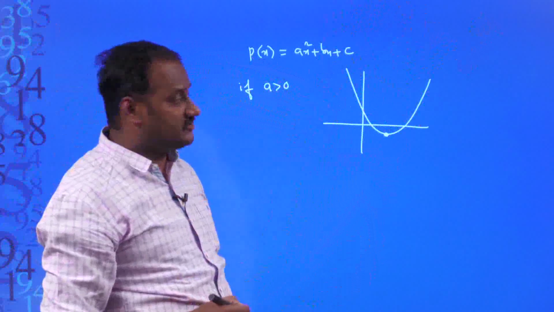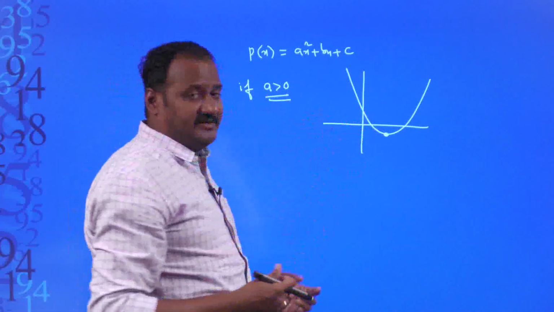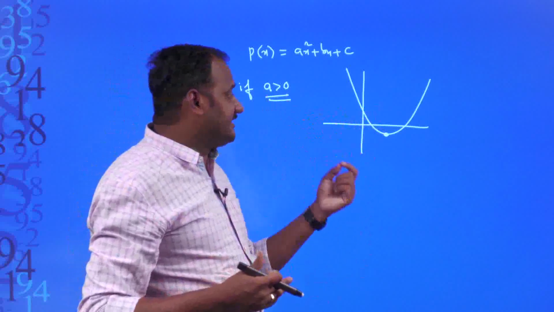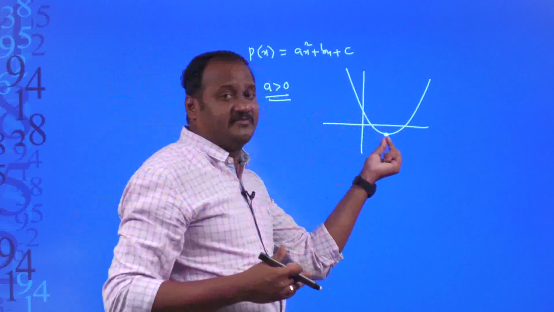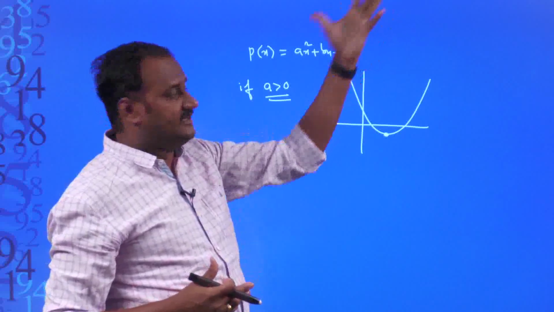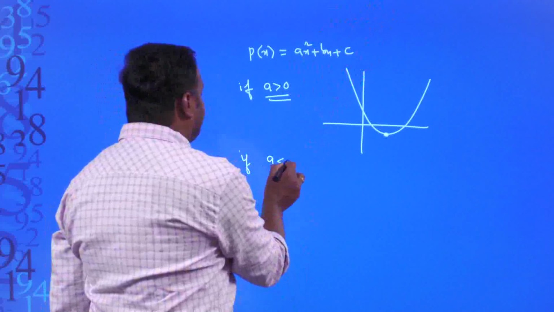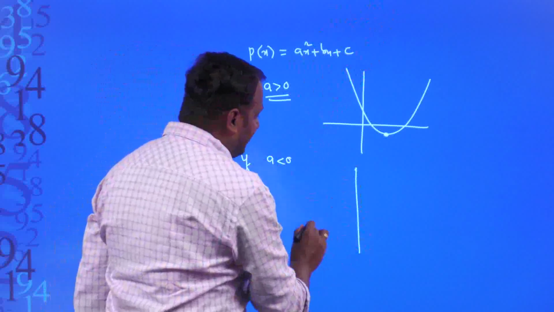So in the case of a greater than 0, the parabola will be open upwards, and in this case we can find the minimum value of the polynomial, but we cannot find the maximum value. Similarly, if the value of a is less than 0, then the polynomial would be like this.